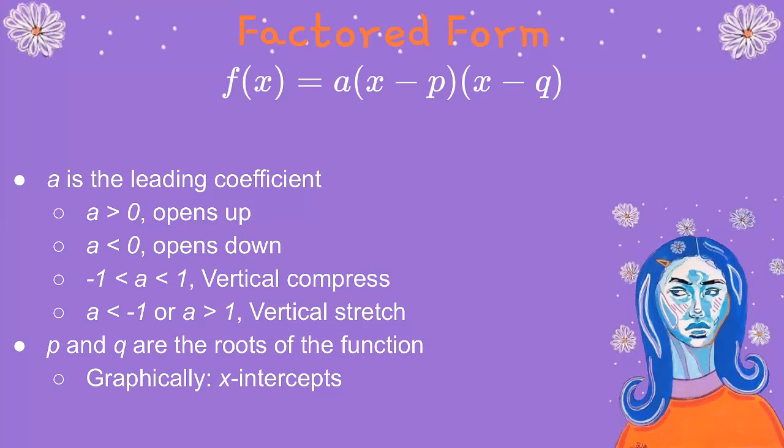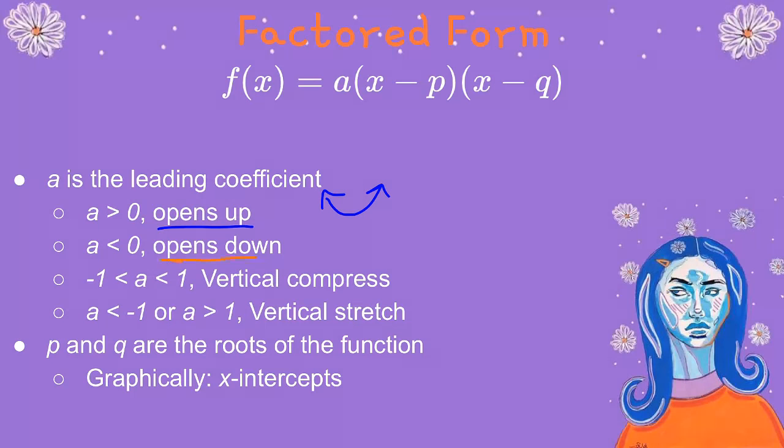Factored form. So we're going to go right into the different forms of quadratics here. And we have about 15 minutes left in class, so we're going to have to work pretty quickly. In all of these forms, there will be an a. And the a is called the leading coefficient. The a tells us if the graph opens up, it will open up when a is positive.